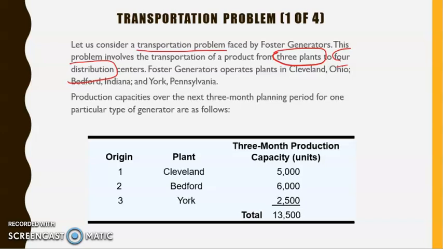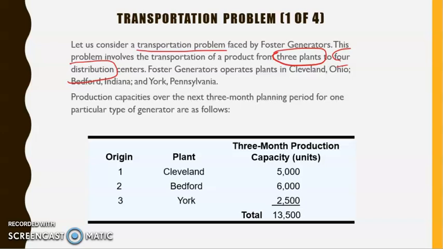Foster Generators operates plants in Cleveland, Ohio, one.